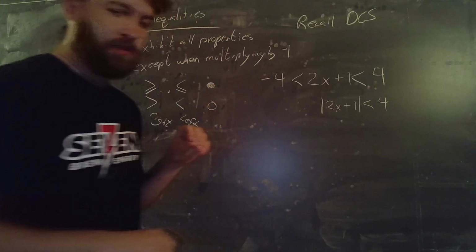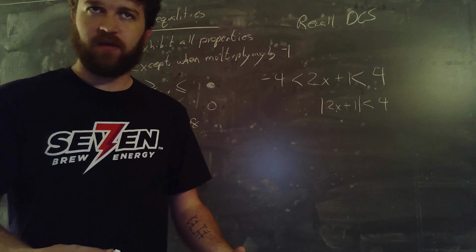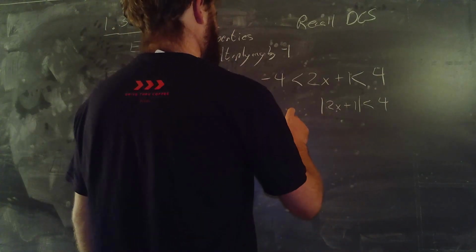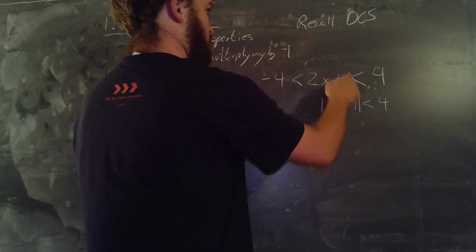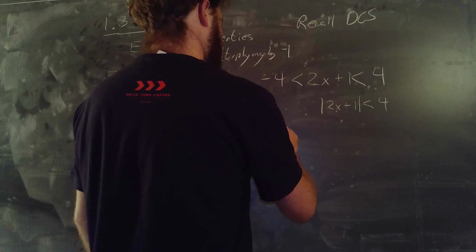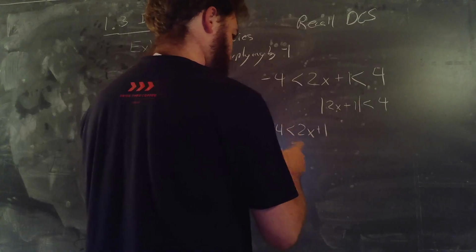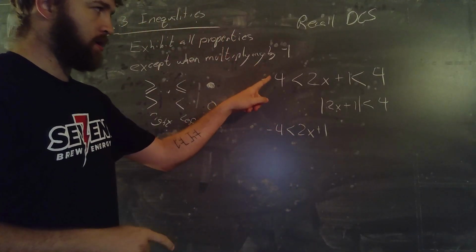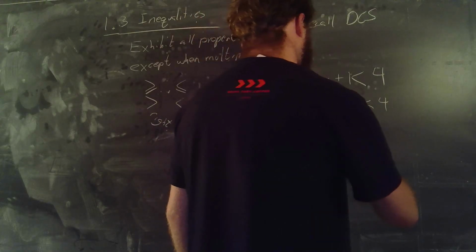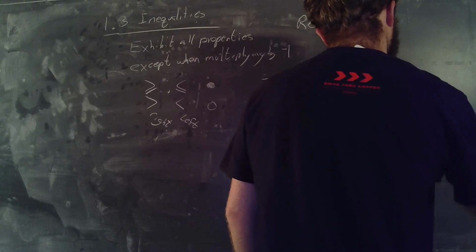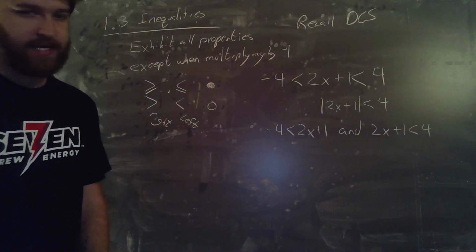So that little verbal trick that we just did is actually the key to solving this type of inequality. We notice that when you have a quantity in between two numbers, that quantity is both bigger than the number on the left and smaller than the number on the right.